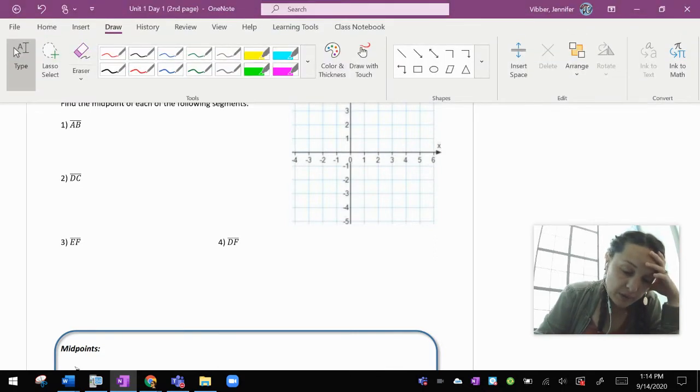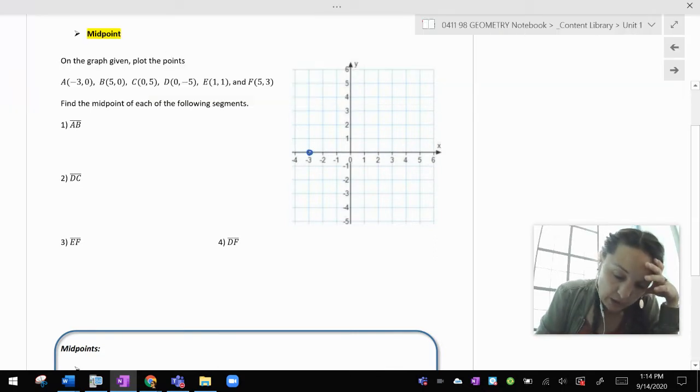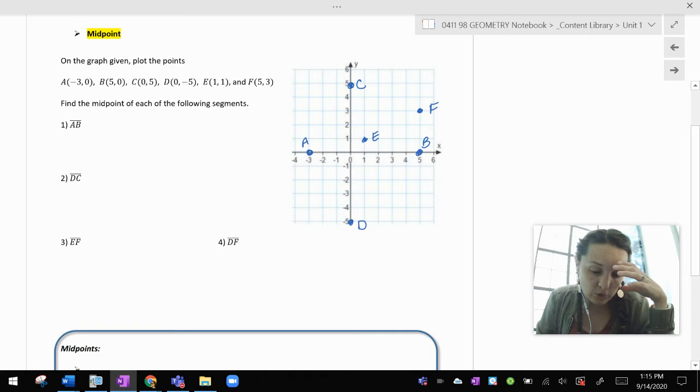So we are going to plot these points again. -3, 0 is A, 5, 0 is B, 0, 5 is C, D is 0, -5, E is 1, 1, and F is 5, 3. Make sure I plotted those right.